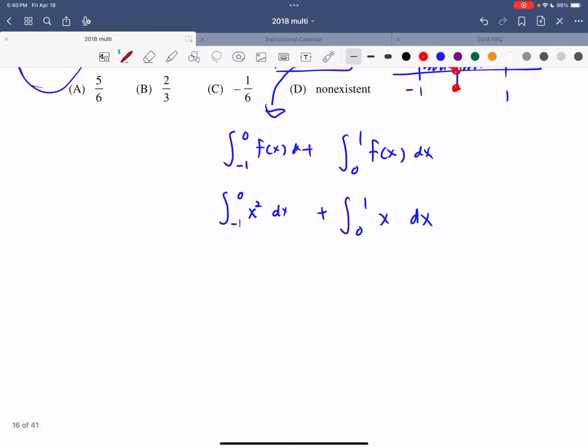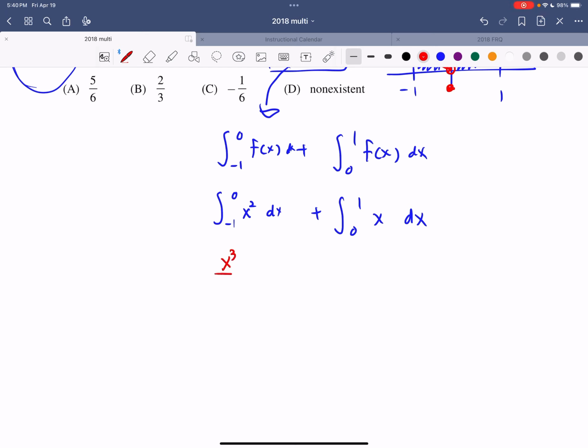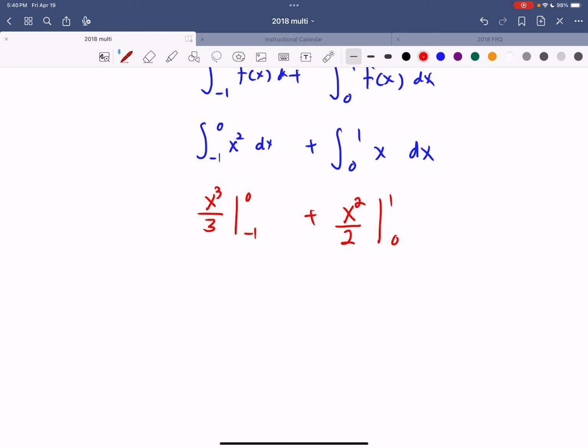Now let's do this. When you do the antiderivative, this one is going to be x to the third power over 3 from -1 to 0. Plus, this one is going to be x squared over 2, right? From 0 to 1. So let's do this.